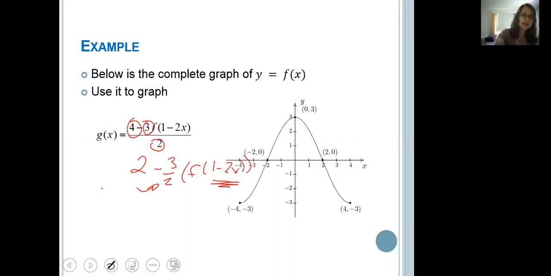Okay? This 1 gives me a horizontal adder of 1. This multiplier gives me a horizontal stretch of -2. The next thing we'll do is this vertical stretch of -3/2. And then we'll do a vertical shift of +2.